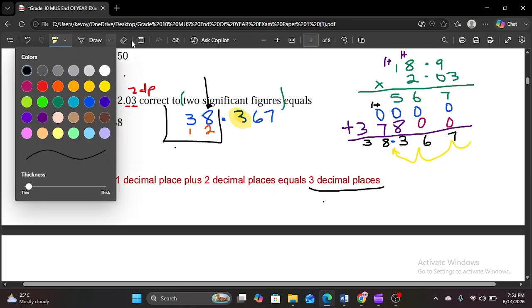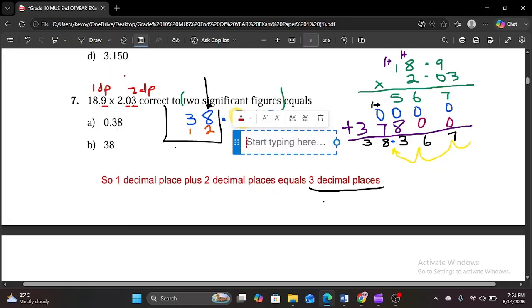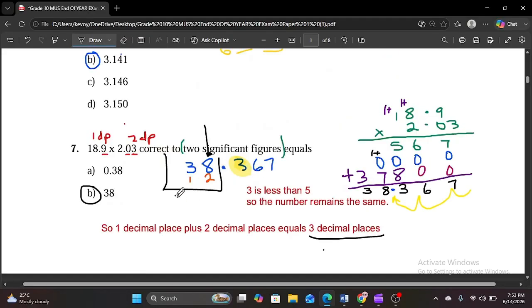So because 3 is less than 5, we're going to let the number remain the same. So that means that the number will just be 38. All right, so this is the answer right there. So moving right along.